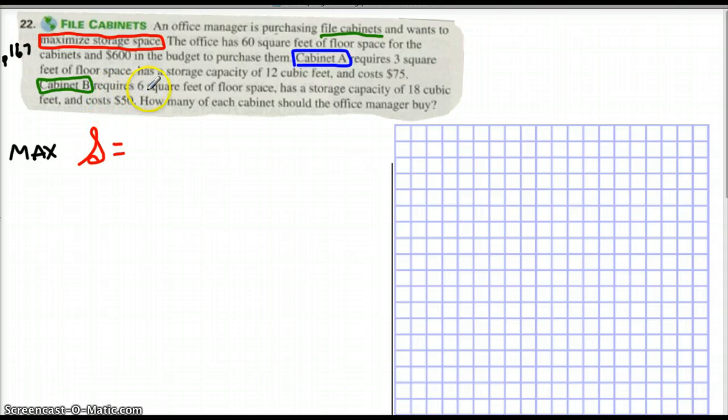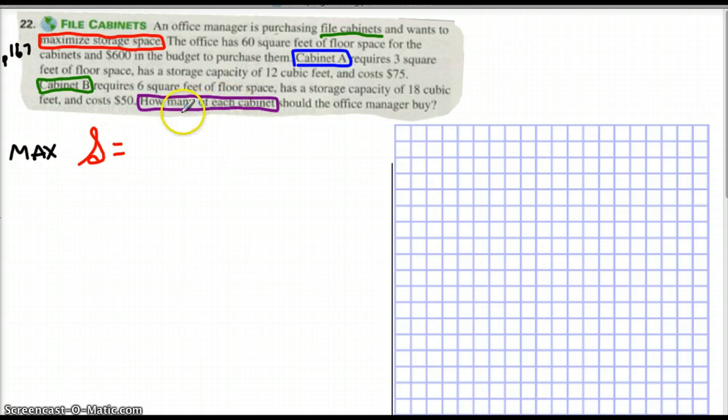Okay, so it requires 6 square feet of floor space, has storage capacity of 18, and costs $50. Here's a big, good question. How many of each cabinet should the office manager buy? Okay, so ultimately that's what we're caring about.